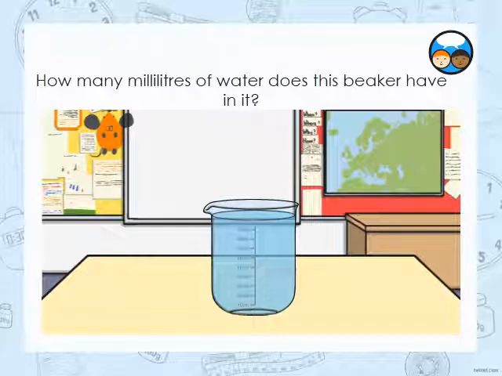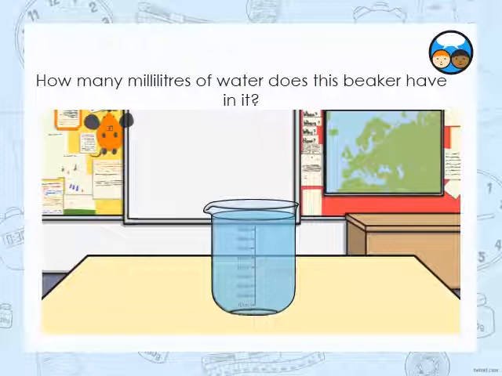Another example. How many milliliters of water does this beaker have in it? Now, let's measure. Look at the beaker and read the numbers on the beaker. You know how much water is in it.